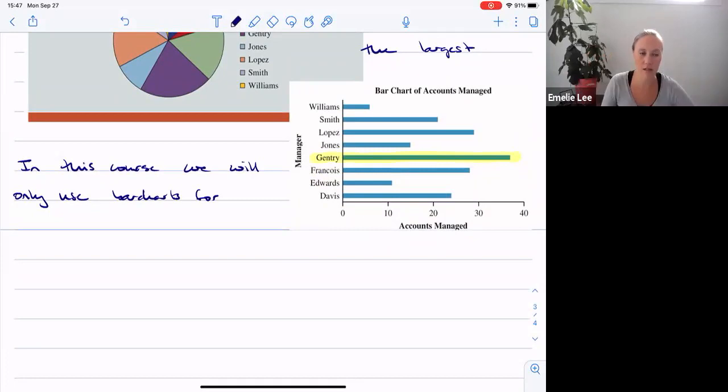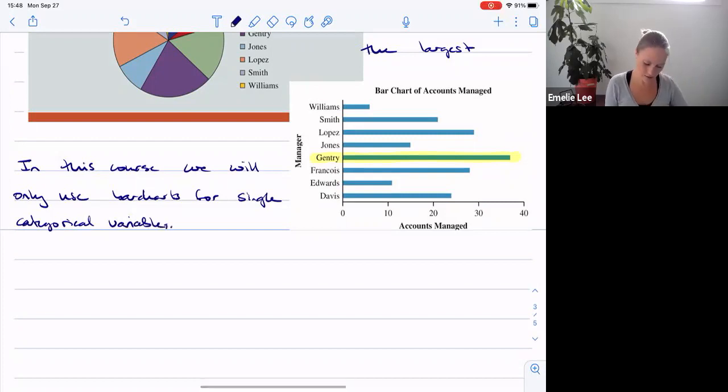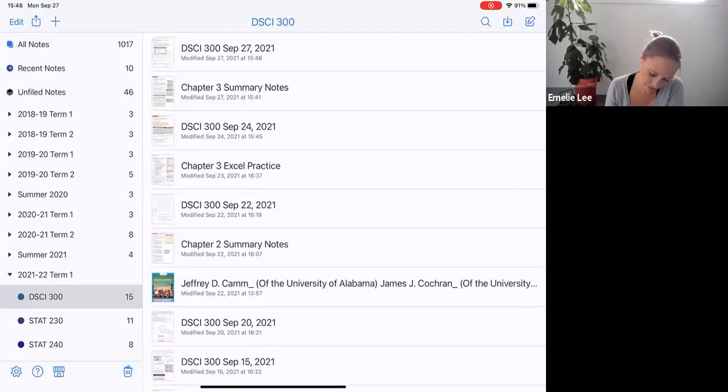But for single categorical variables, we're only using bar charts. Okay? And ideally, you would stack them in some way where it's meaningful.